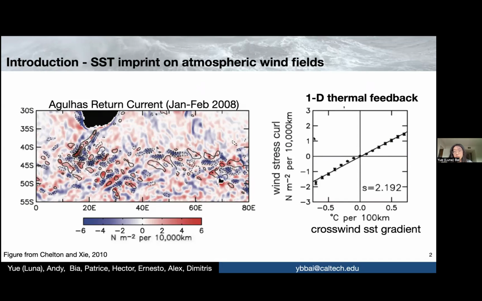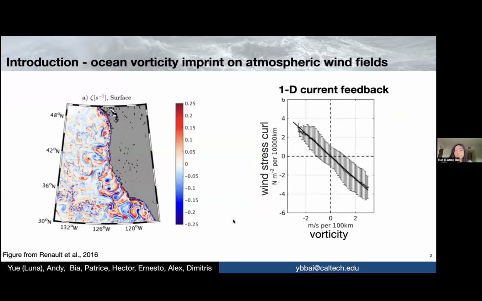And indeed, when this information is collapsed into a 1D thermal feedback plot, which has crosswind SST gradient bins on the x-axis, and the mean values of wind stress curl on the y-axis, we can see this strongly positive correlation between those two. And so this suggests that ocean surface features, in this case SST gradients, have an impact and can imprint their own features on the atmosphere.